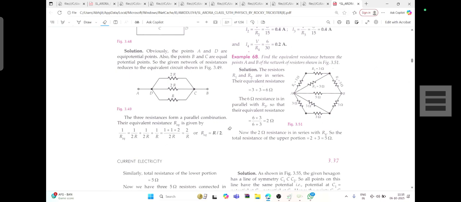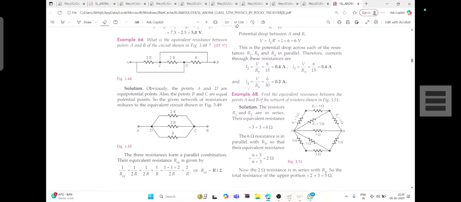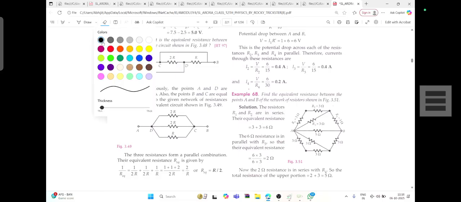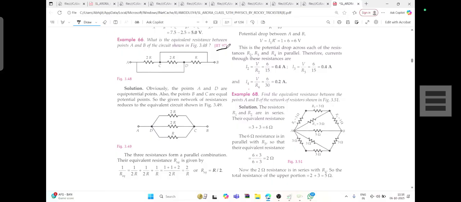Like this way you can calculate the equivalent resistance for this given circuit. That is a question of the 2024 CBSE board and IIT 97 also, from the same concept.